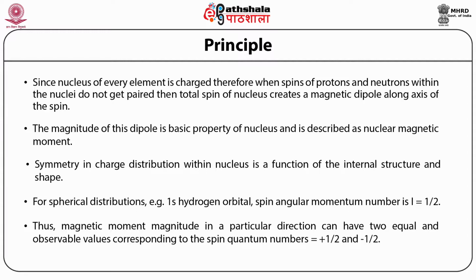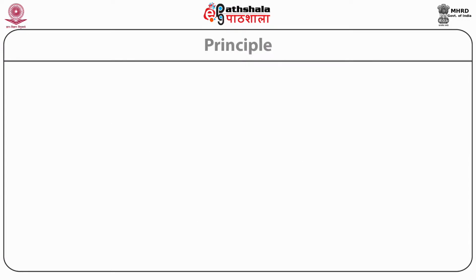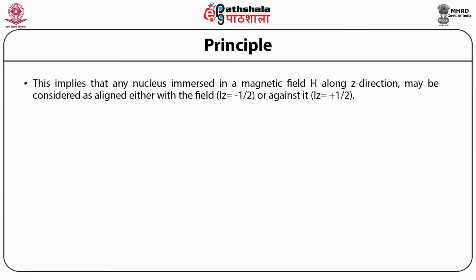Thus, the magnetic moment magnitude in a particular direction can have two equal and opposite values. The presence of magnetic field H along the z direction may be considered as aligned either with the field, that is Iz is equal to plus half, or against it, that is Iz is equal to minus half.